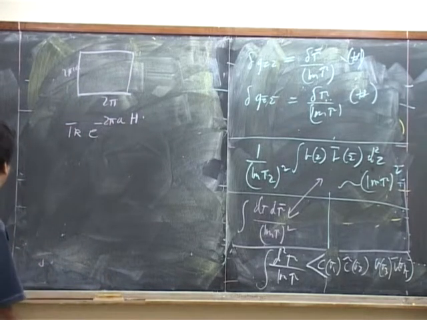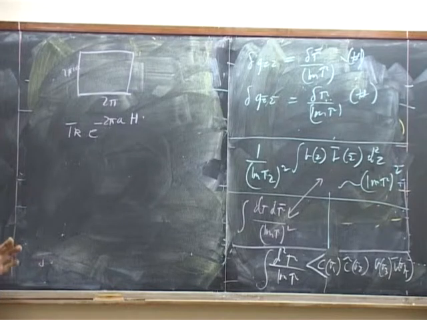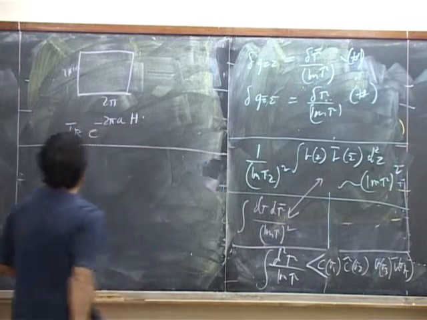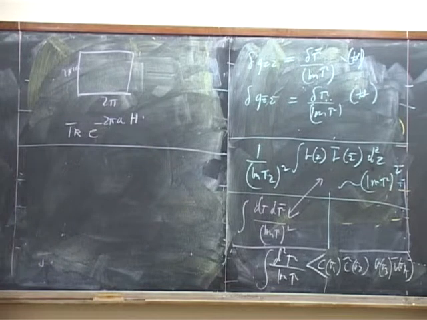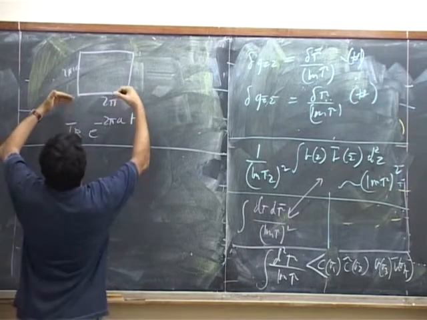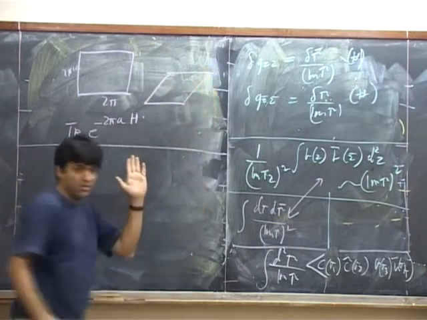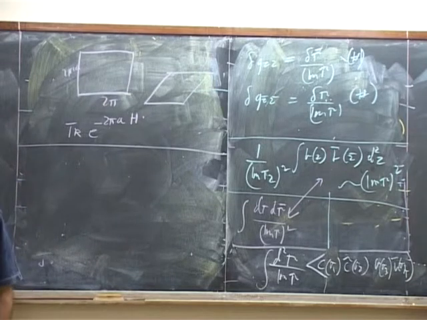Trace of e to the power minus 2 pi a times the Hamiltonian of the theory, when the theory is put on a circular line. Now, more generally speaking, suppose the aspect ratio of this torus was slanted.